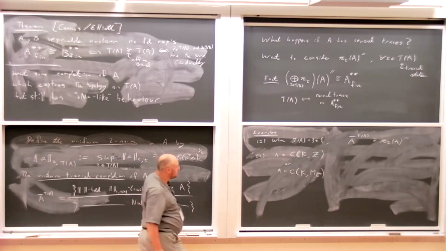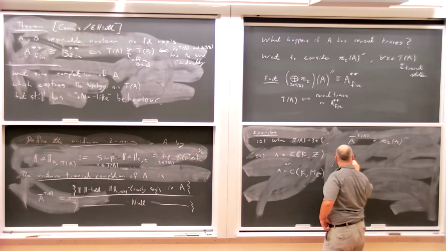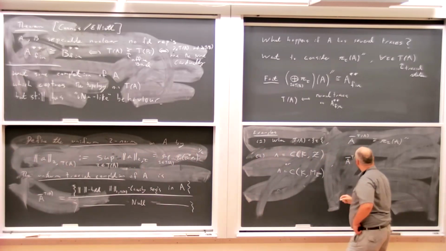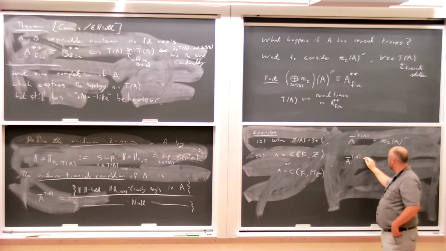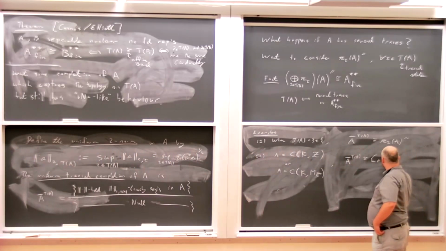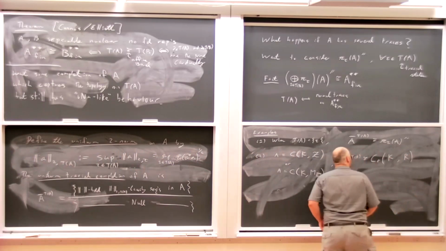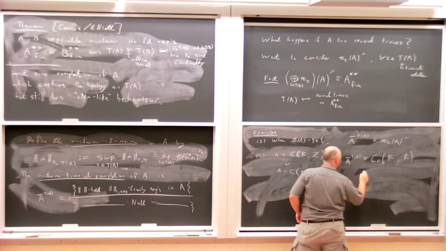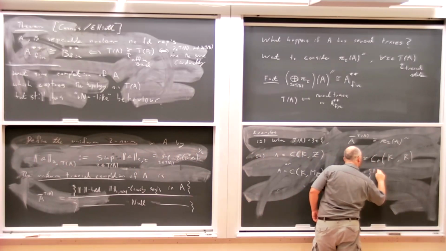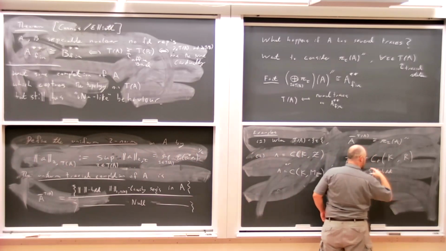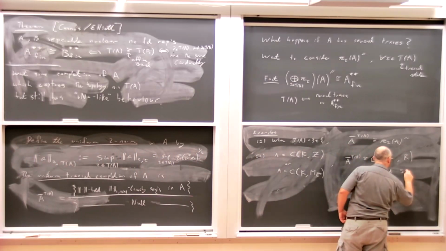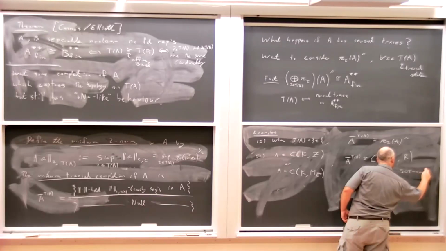This uniform tracial completion works out to be, well, let me just write it. It's all norm-bounded functions from K to R, which are continuous when R has the strong operator topology.